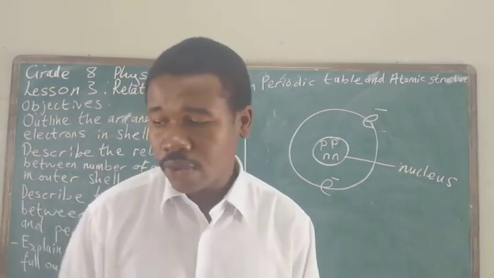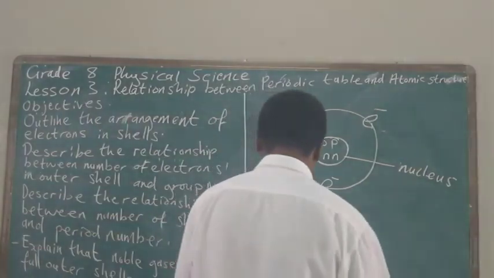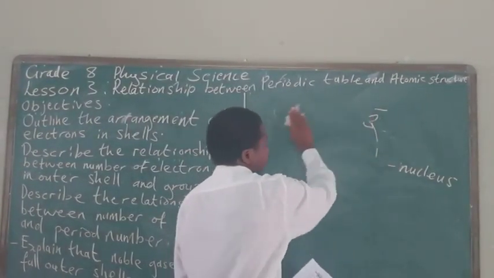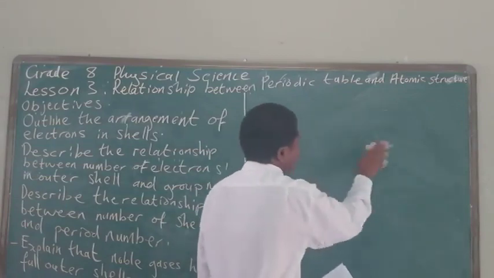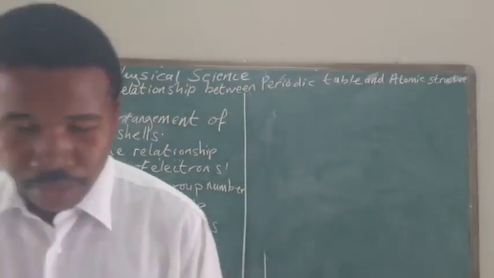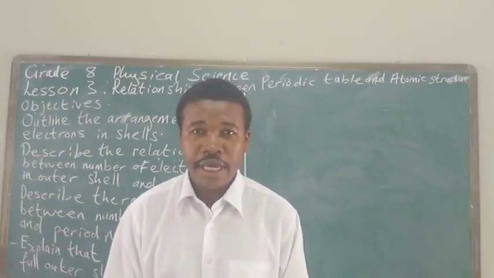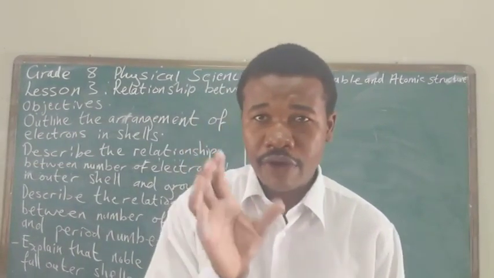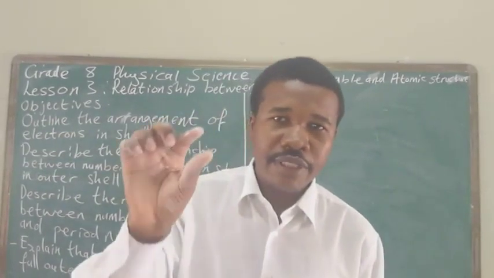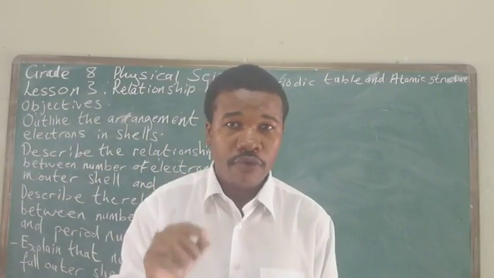But the first thing we're going to look at today is the arrangement of the shell. If we pay attention to our notes, we will see that electronic configuration is the manner in which electrons are arranged in the different shells that are surrounding the nucleus of the atom.